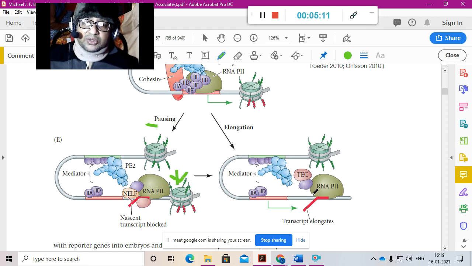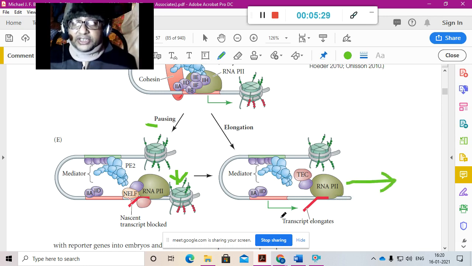Now there are factors which modify these histone tails, acetylate them, and so this nucleosome is released and the block is removed, and transcription starts to elongate. This is how transcription elongation takes place.